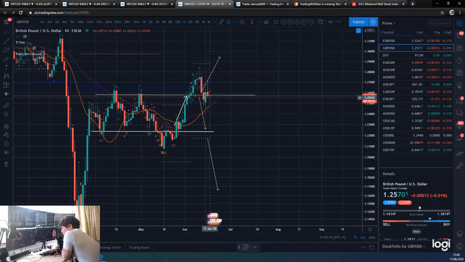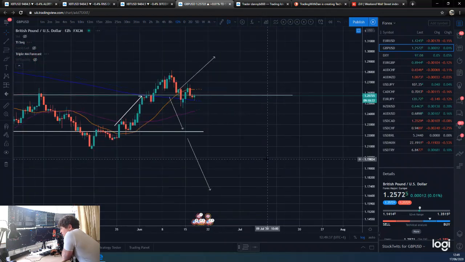So it looks like we'll play around in this range a bit more. It kind of looks like a broadening pattern, so we could just be working with an expanded trading range now. But I would expect, if we hold below here, to then retest at least this horizontal here.